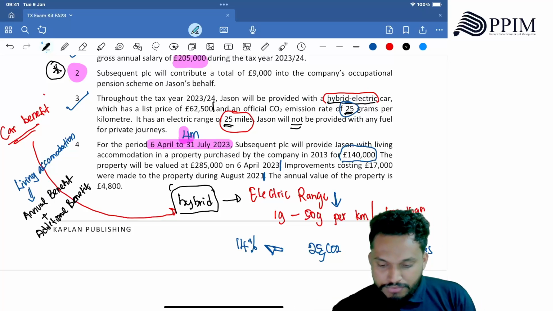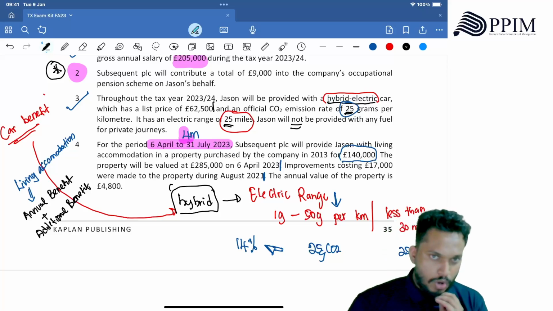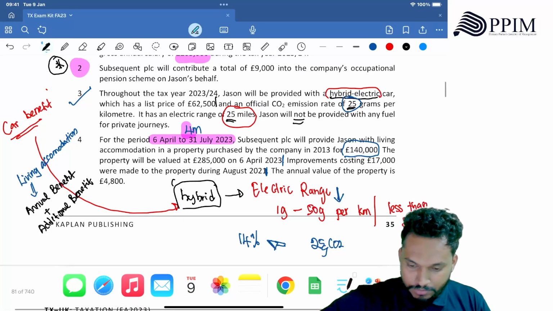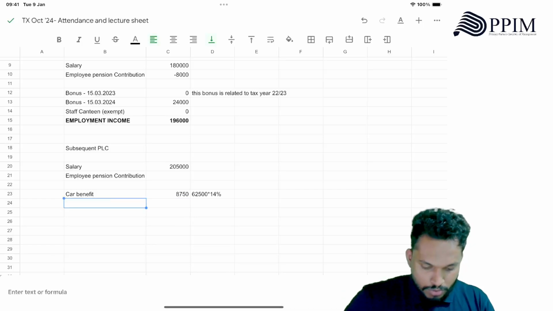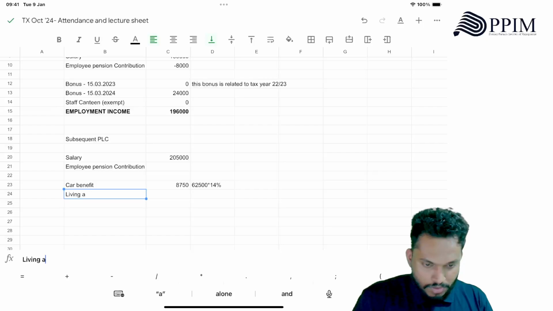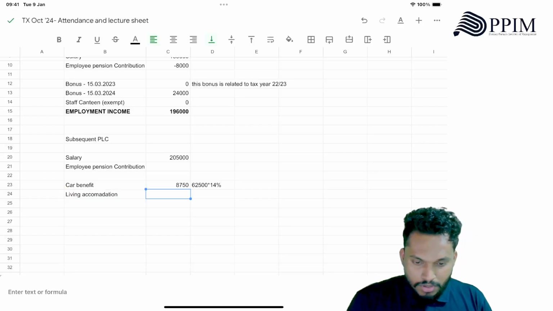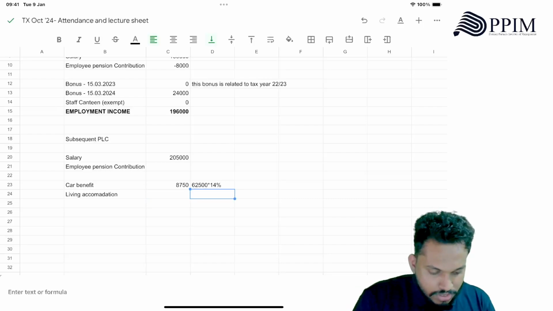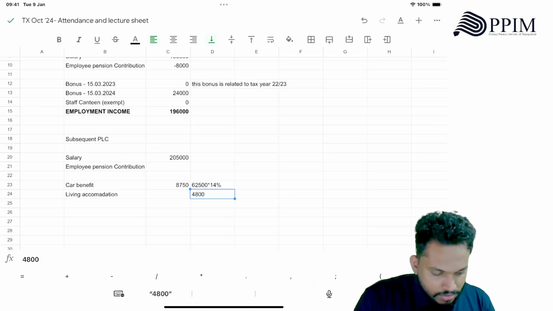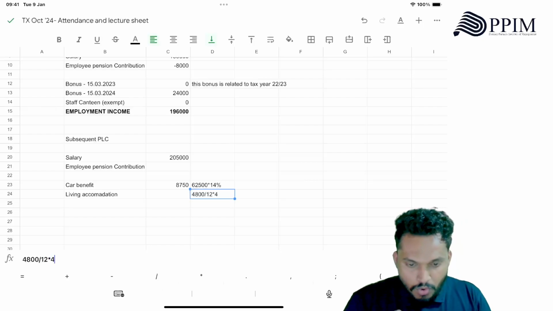So in terms of living accommodation, that is the annual benefit that you are receiving of 4,800. So I would say living accommodation, you are receiving 4,800 for how many months? That is for 12 months, but you need it for 4 months.